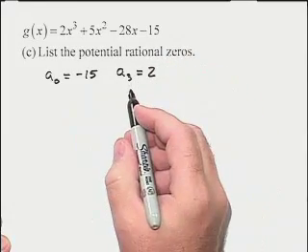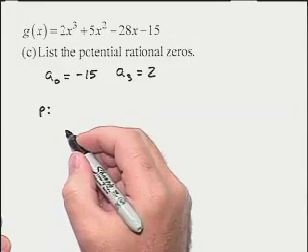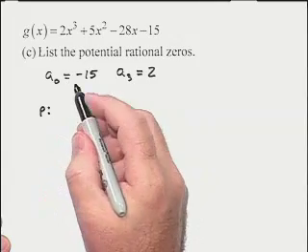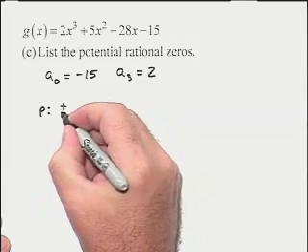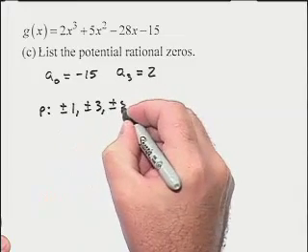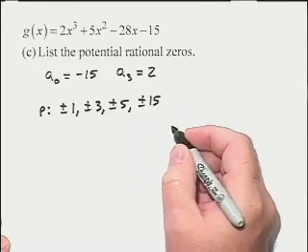To find the potential rational zeros, we first find the integers p that are factors of a sub 0. So we get p is plus or minus 1, plus or minus 3, plus or minus 5, and plus or minus 15.